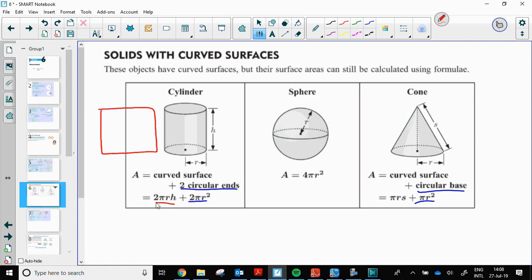And then what would the area of that rectangle be? Well, it would be the base times the height. Now, the height of that rectangle is the same as the height of the cylinder, so that's our h, and then the base, that would just be this length here, which is the same as the length around, which is the circumference of a circle, so that's our 2 pi r.